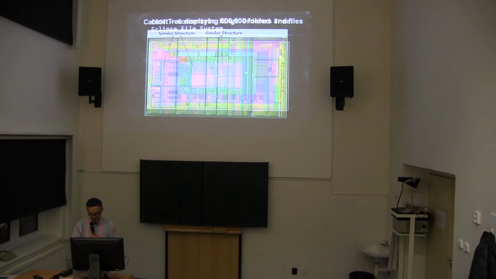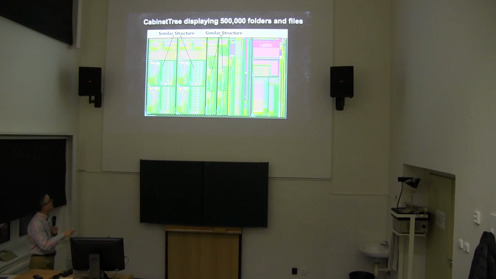I skip this and I show this. This is visualizing 500,000 folders and files in one screen. This is a root directory, a level 1 directory, a level 2 directory, and it always changes 90 degrees to go into one more directory.